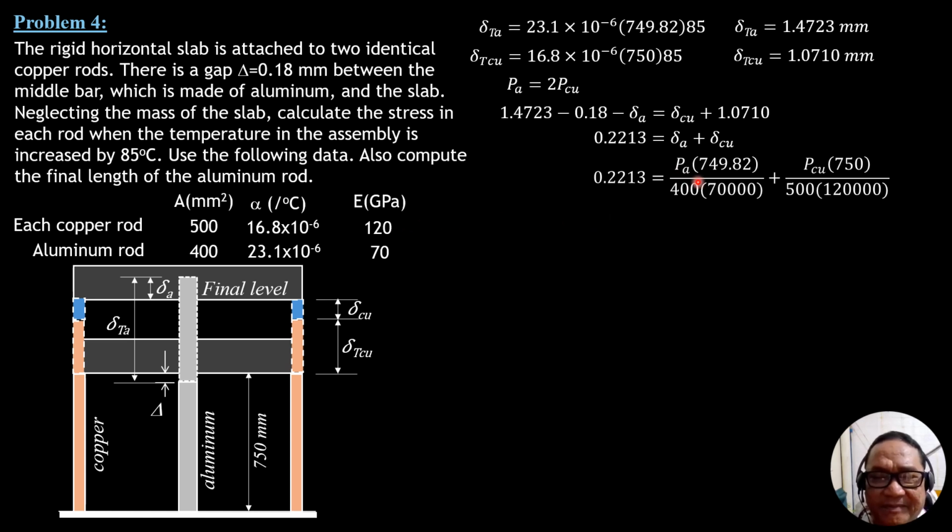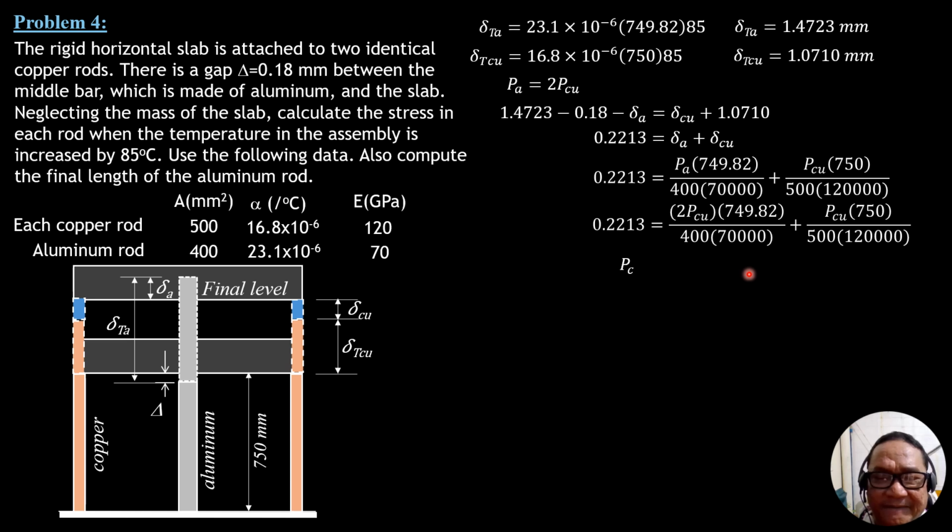Substituting P sub A, which is 2 times P sub Cu, and solving for P sub Cu, we can now compute P sub Cu equal to 3,350 newtons.